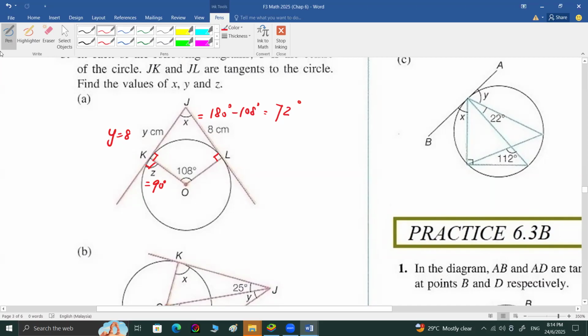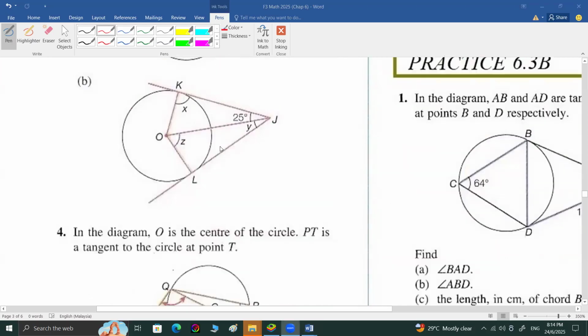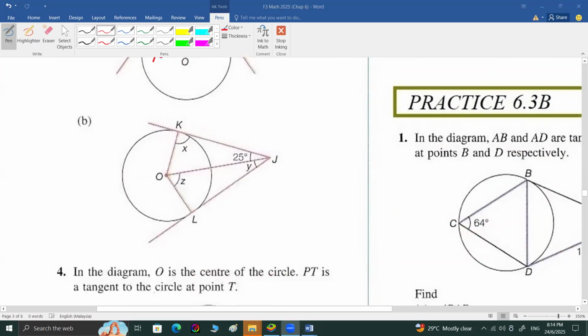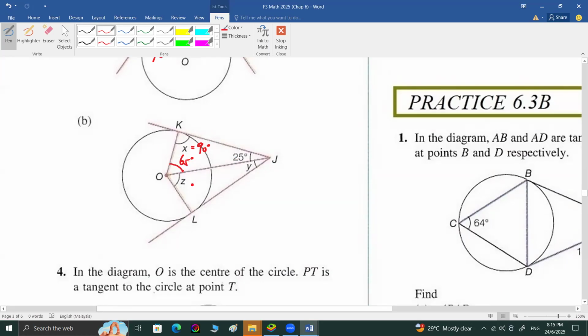Yes, okay. Next, we continue, class. Now look at B. Okay, what is X, class? Yeah, 90. 90 and 25, what is this? 90 minus 25? 65, right? So how to get that? Yeah, 65. If you want to show the working, it means 90 minus 25.